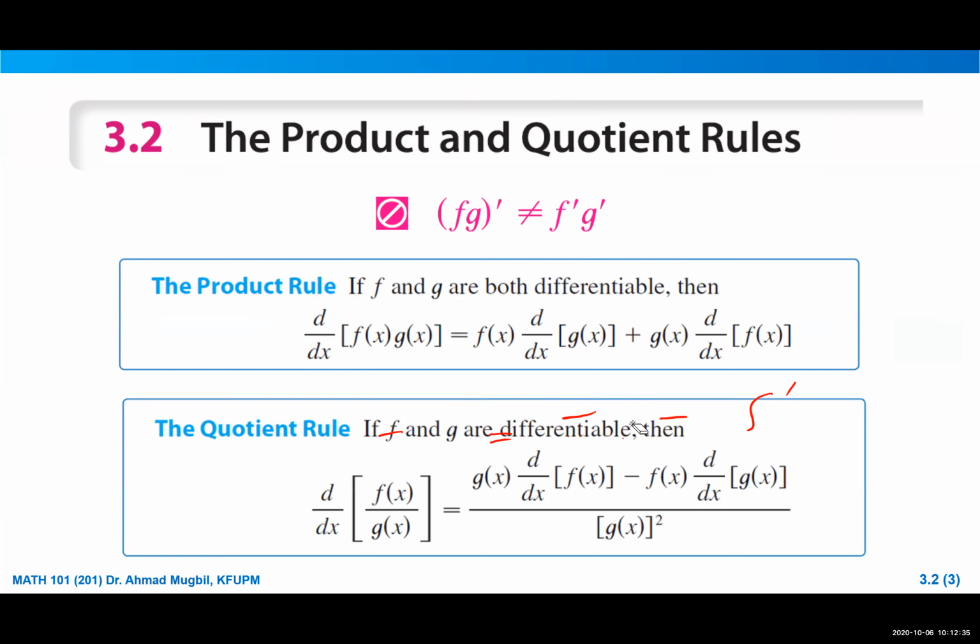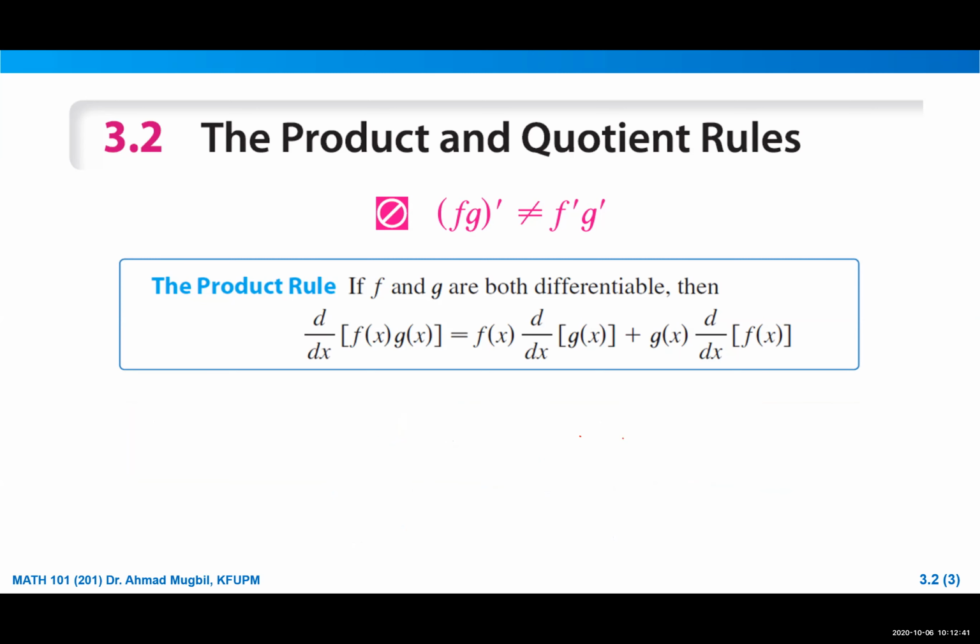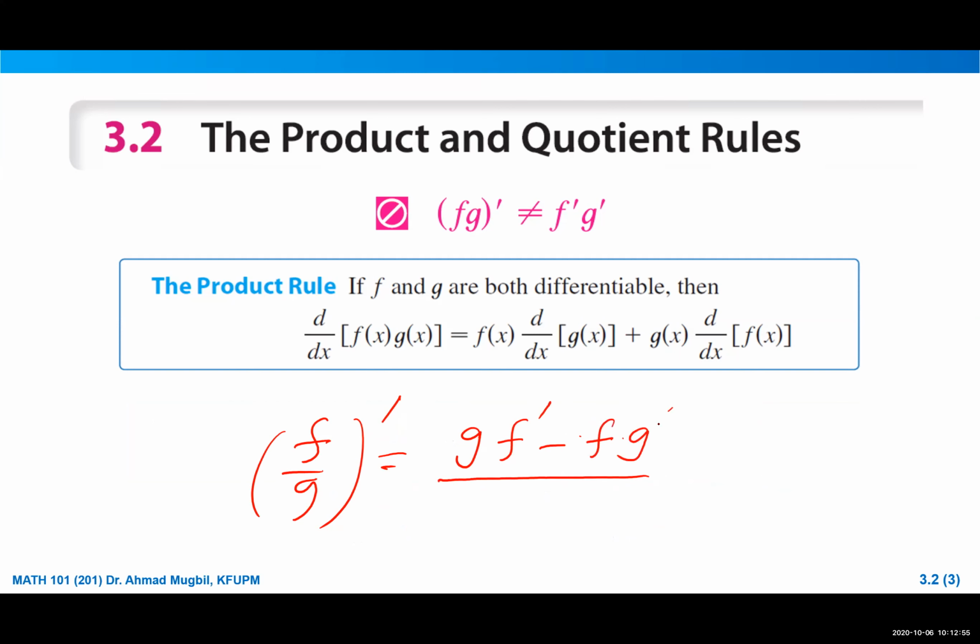And of course, for the quotient, what is the right one? If you have f over g, the derivative of this will be g f prime minus f g prime, over g squared, where g is the denominator.